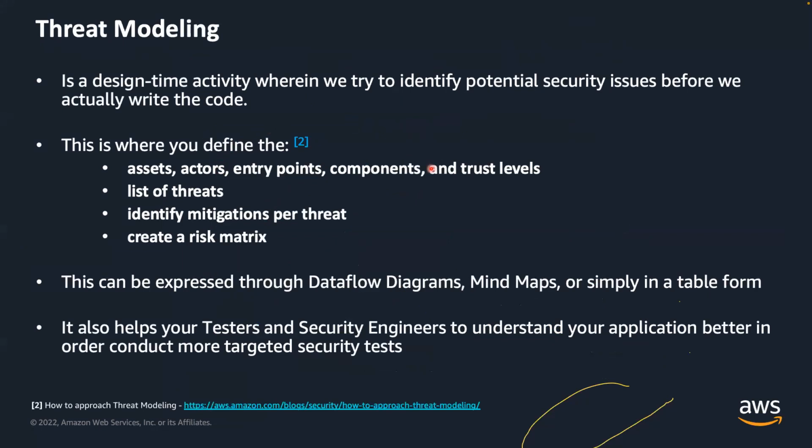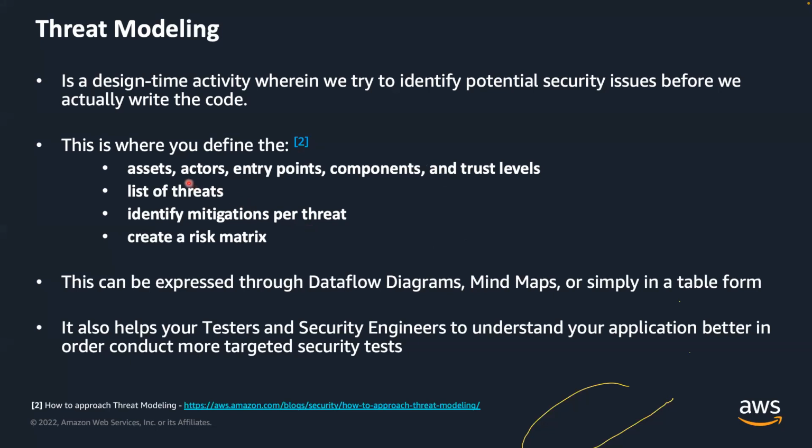The main benefit is that whenever we have the requirements, we're too excited to start writing code without thinking about non-functional requirements like security requirements. With threat modeling, we start criticizing the requirements and see if there are any potential security issues there.